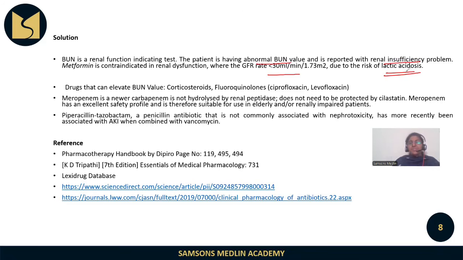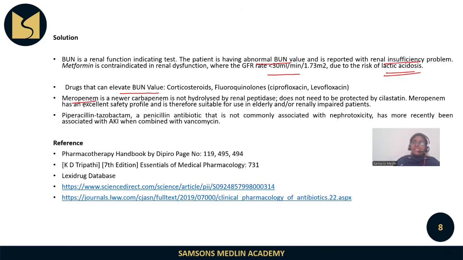There are also other drugs like corticosteroids, fluoroquinolones that can elevate the blood urea nitrogen value. Now let us go to other options. One of the other options was meropenem. We know that meropenem comes under the class of carbapenems, right? Carbapenems, we are studying it under which class? Under the cell wall synthesis inhibitors. Okay. So under the carbapenems come meropenem, imipenem.